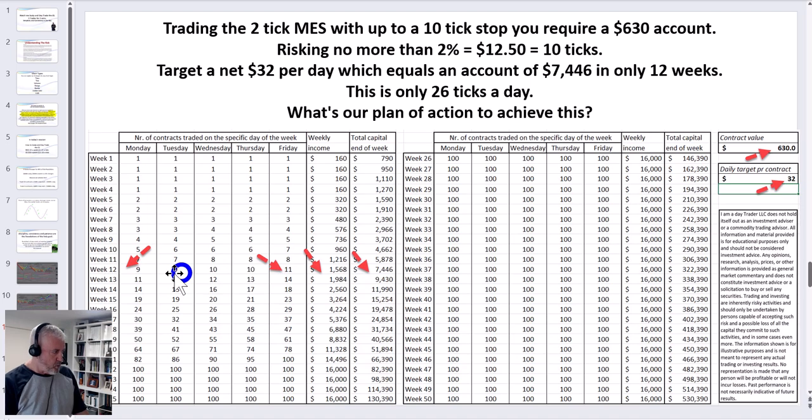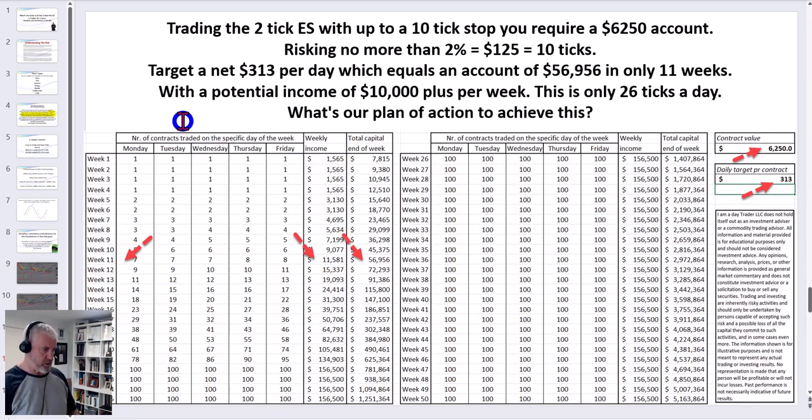What it means is potentially in 12 weeks you've now got over 7,000 there, you can now roll over and start trading the big contract where you're going to be going for $313 per day, which means 11 weeks, potentially 12,000 a week income. Your account's now $50,000-$60,000. Traders, this is all about risk management and sensible trading.